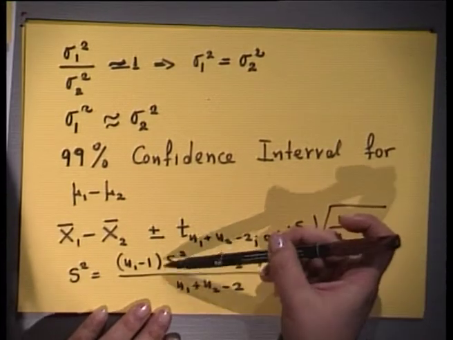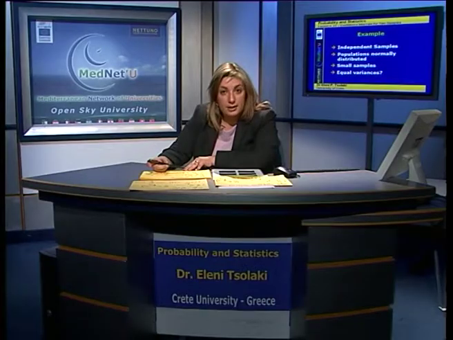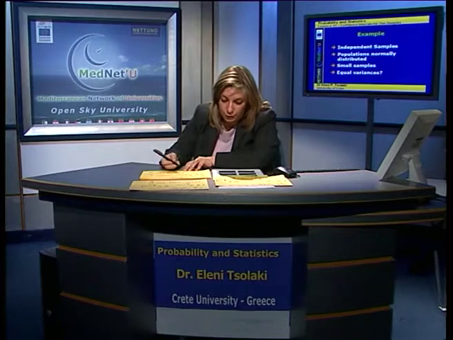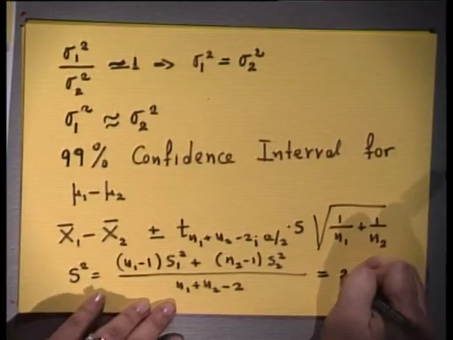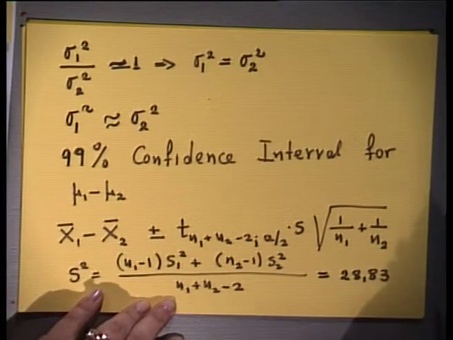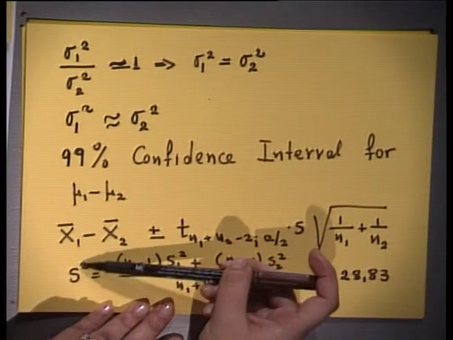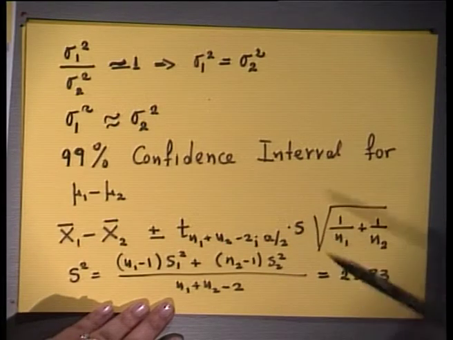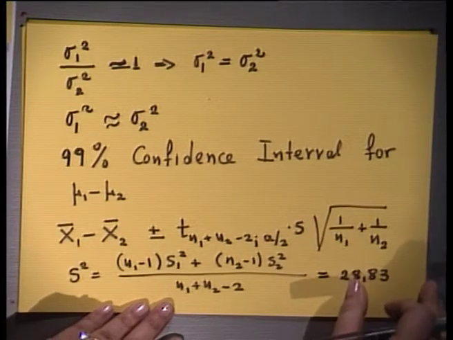We would need to estimate the two variances from the two samples, and this, if we do all calculations, is 28.83.